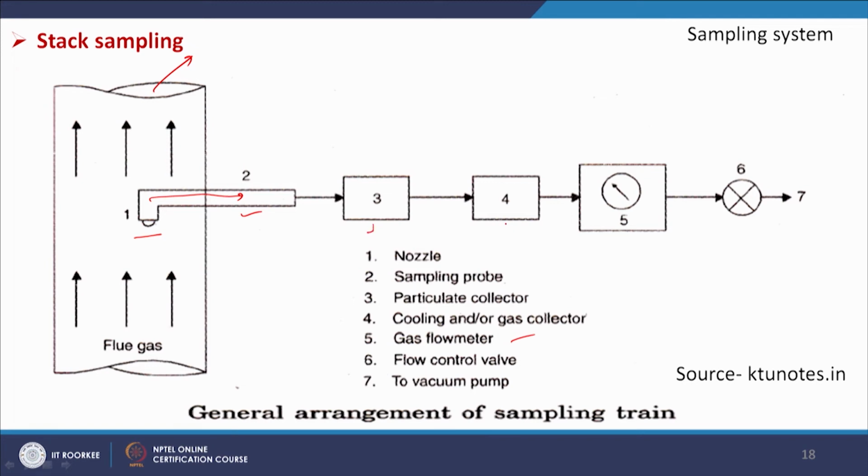We can get the gas components. For gas components we can make some devices here, so that different gas components can be collected, or the whole gas can be collected. And then we are going to the flow control valve; 6 is your flow control valve and 5 is your gas flow meter.